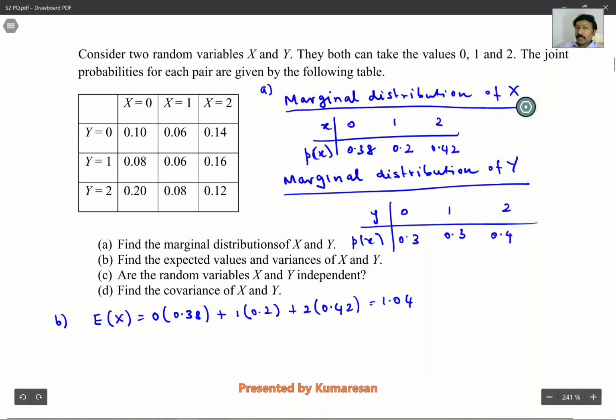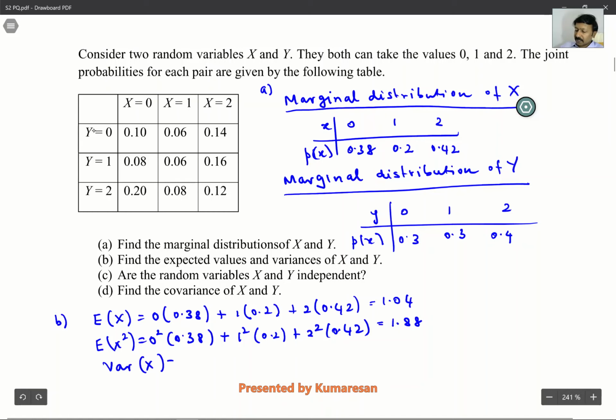And then to find the variance of x, we need E of x squared, which is the value of x squared times the probability. So we have here 1 squared times 0.2, 2 squared times 0.42. So expected value of x squared is 1.88.